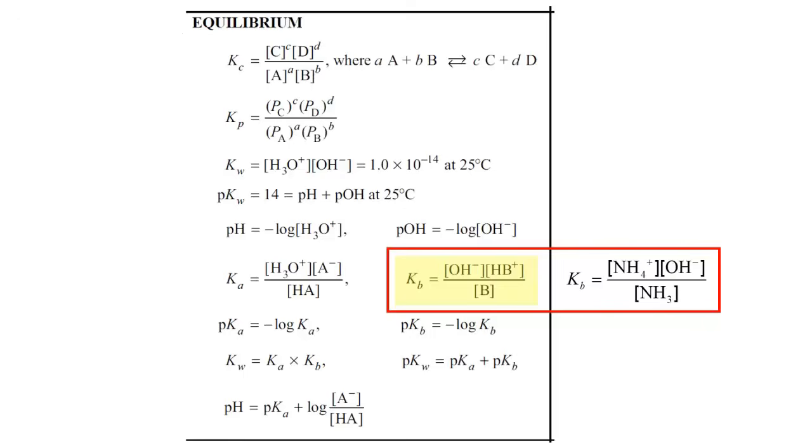As you can see, side by side, we have in the numerator the concentration of hydroxide times the concentration of the conjugate acid, and in the denominator, the concentration of the weak base. The generic formula for a weak base is capital letter B, and the generic formula for its conjugate acid is BH+. So hopefully you can see that those two expressions are very similar to each other.